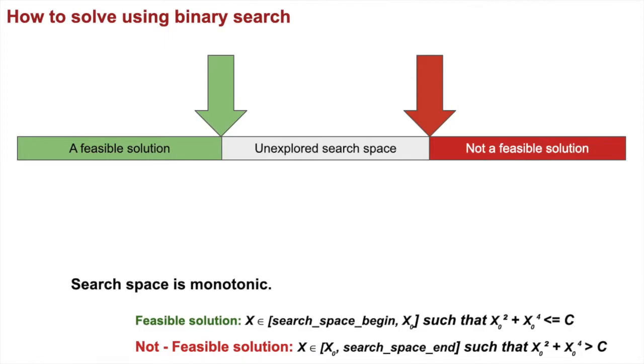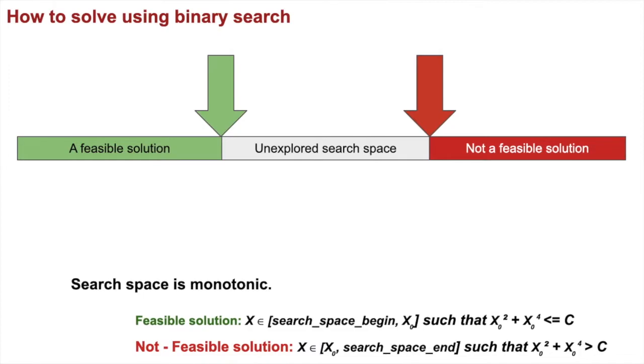So if there is an x equal to x naught such that x naught square plus x naught power 4 is less than or equal to c, then for all x less than x naught, x square plus x power 4 will be less than c, because it is a monotonic function.